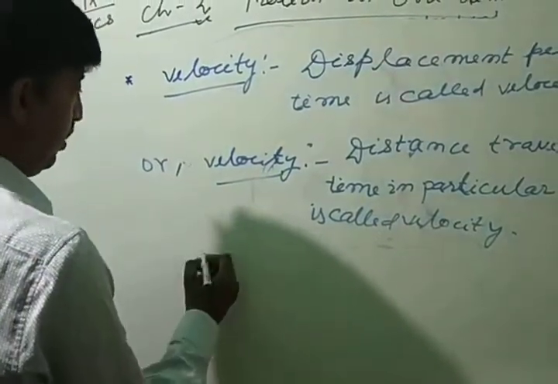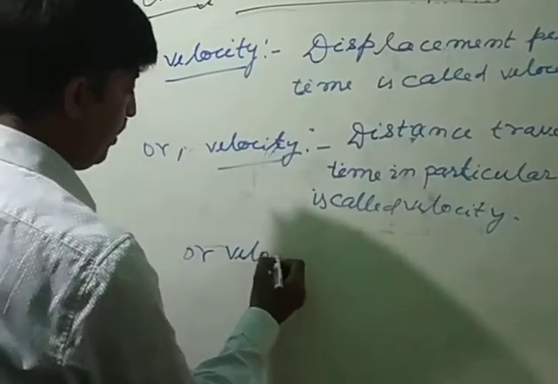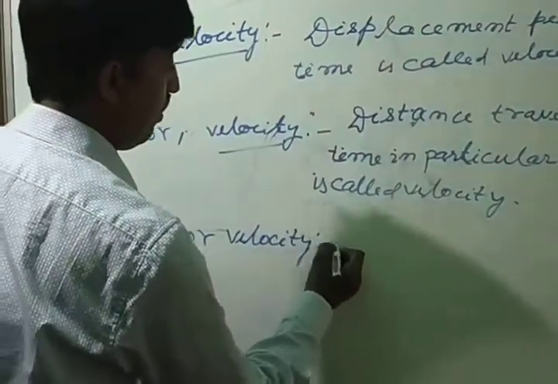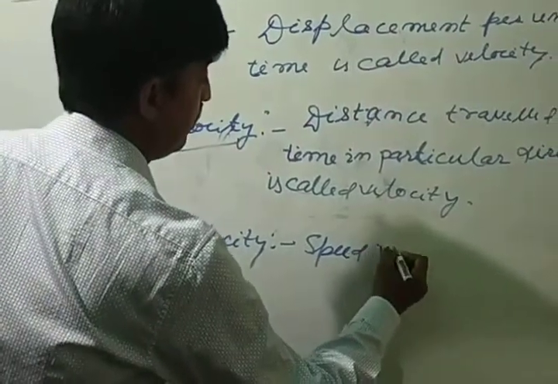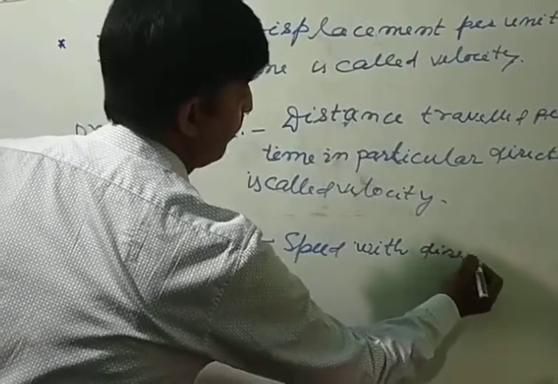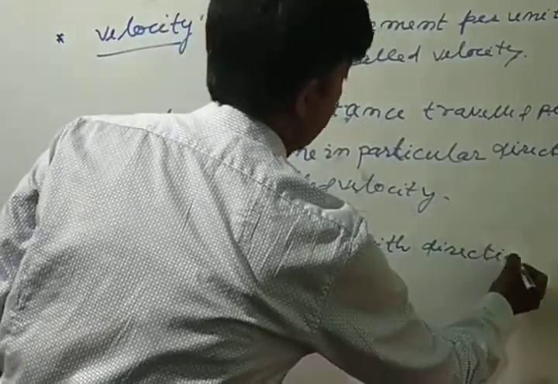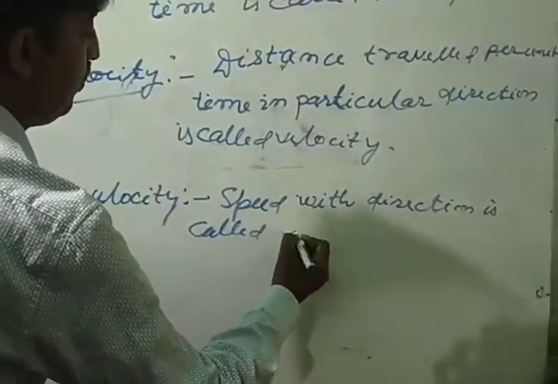Next definition of velocity, another definition of velocity is speed with direction. Speed with direction is called velocity.